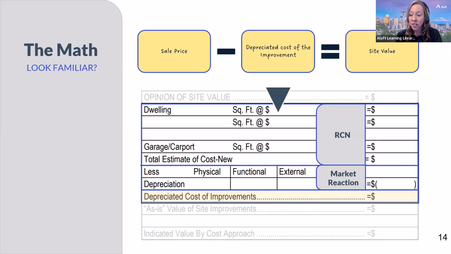Therefore, you can rest assured that you've already reduced the cost down to the land value and the as-is value of the improvements. It does lump everything together, but the best news is that's kind of the way they want it in the first place. But sometimes we will need to use that line at the bottom of the cost approach that talks about the as-is value of the site improvements.